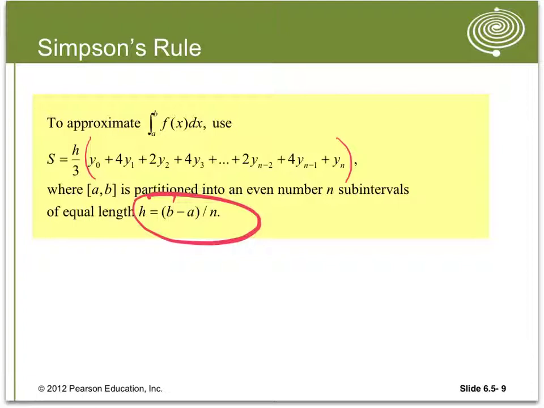And then you take your first height plus 4 times your second plus 2 times your third, 4 times your fourth, and on, rotating back and forth between 4 and 2 and 4 and 2 until you get to the second to the last one, which needs to be a 4, and then your last one is times 1 again. Since it has that pattern in there, you do need to make sure with Simpson's rule that you are using an even number of subintervals. It does not work for an odd number of subintervals.